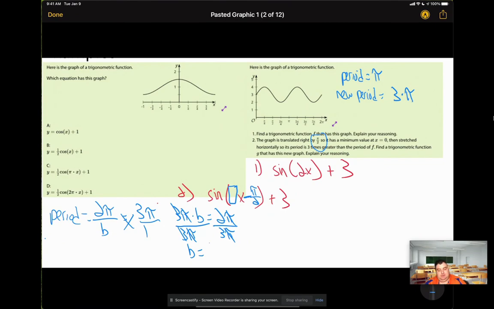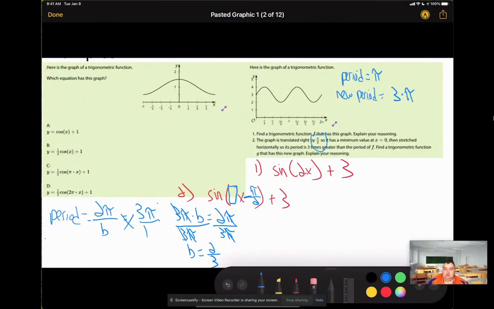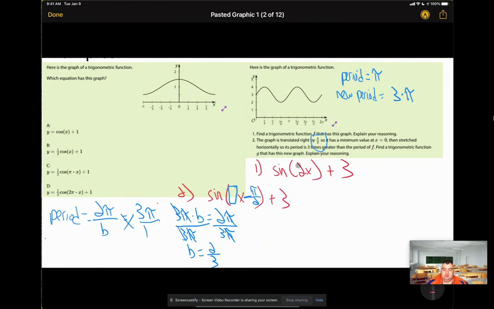So I'll end up with b equals 2/3, which means that value that goes before the x inside the parentheses, instead of being 2 like it was before, is now going to be 2/3.